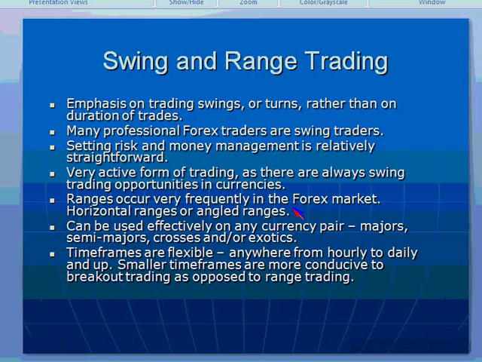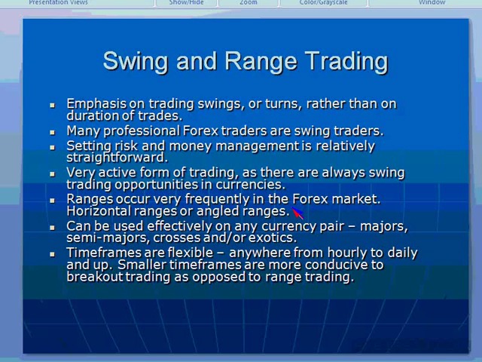You'll find horizontal ranges and angled ranges all over the charts. Pretty much any currency pair that you look at will often be within either a horizontal range or an angled range, and I'll show you that in a minute. This can be used effectively on any currency pair, whether they're the major pairs or semi-majors.